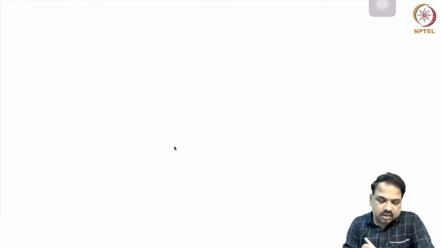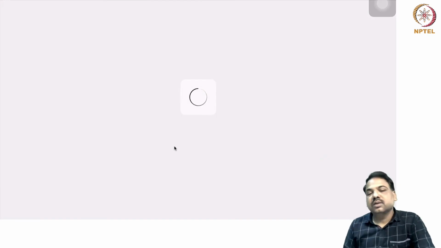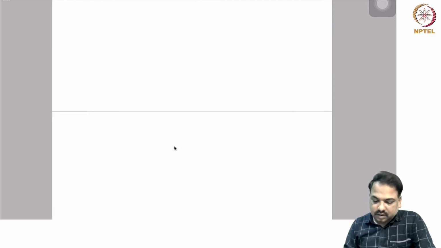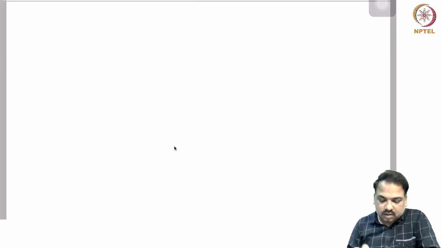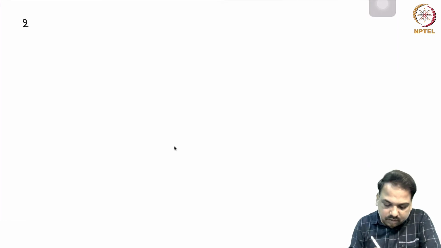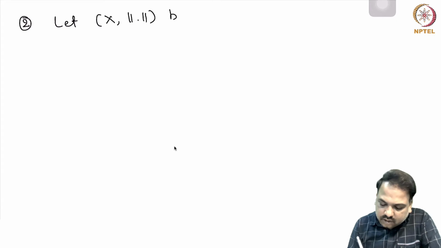Now let us look at one more important question that we asked in the beginning. Suppose we are given question 2. So we are given a normed linear space. Let X be a normed linear space.